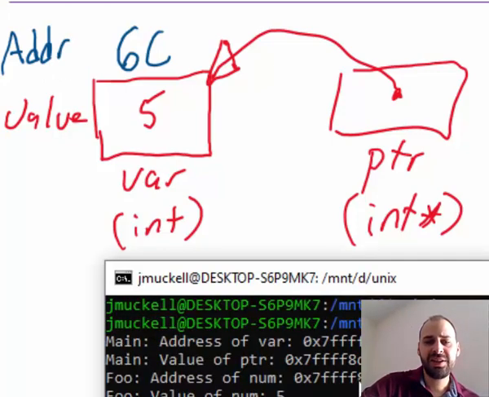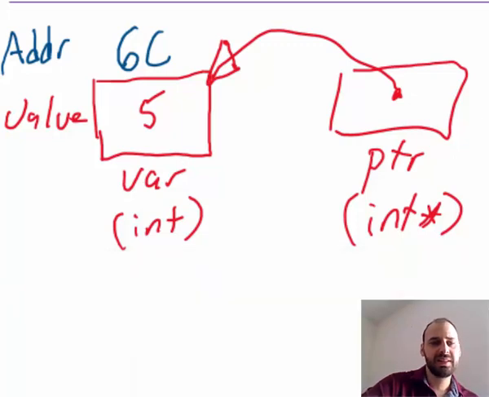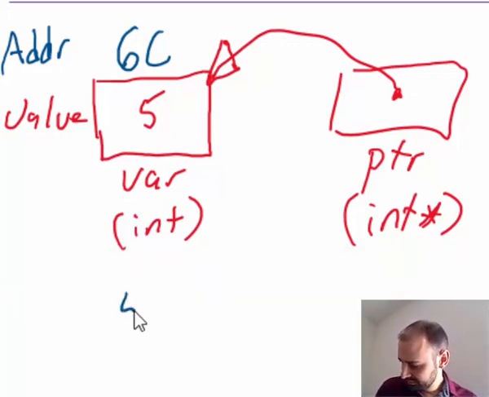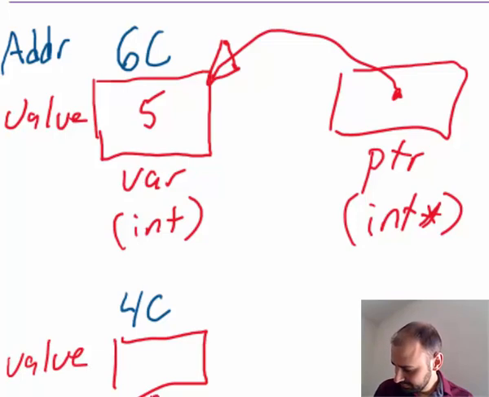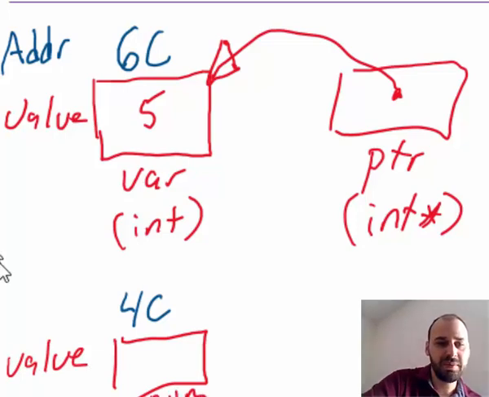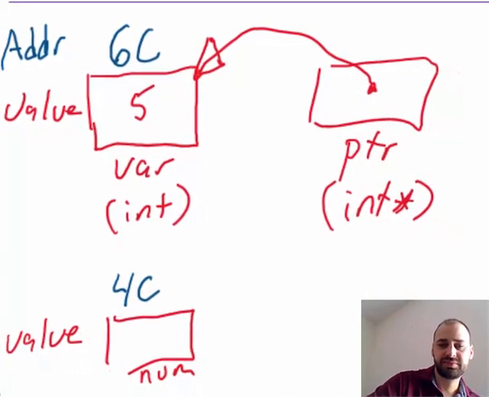And then the address of num is different. The address of num is not 6C, it's 4C, which is our num variable.